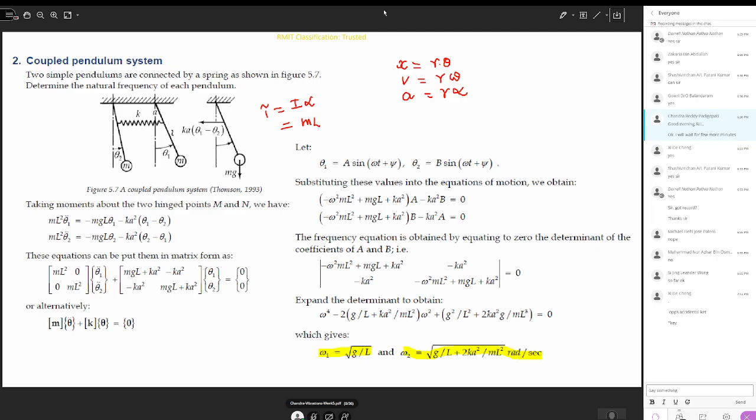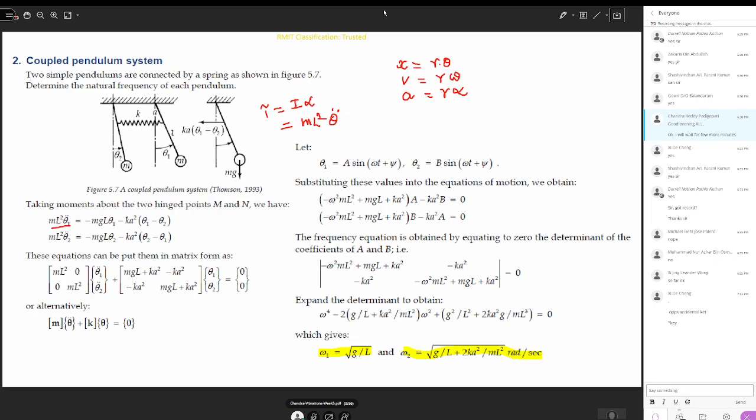The angular acceleration alpha we write as theta double dot. So this is the net torque acting on the mass m due to the angular displacement theta1.